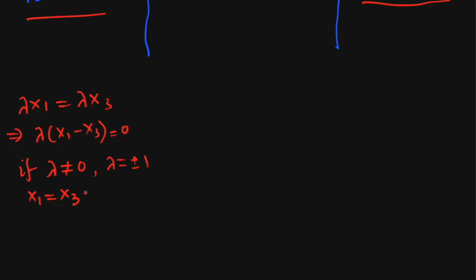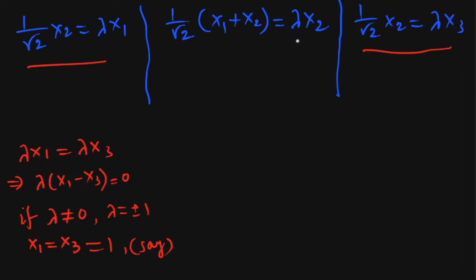Let us assume that these two values are 1. Suppose that x1 is equal to x3 equal to 1, then what is the value of x2? Let us calculate that. That means 1 by root 2 is equal to lambda x2.